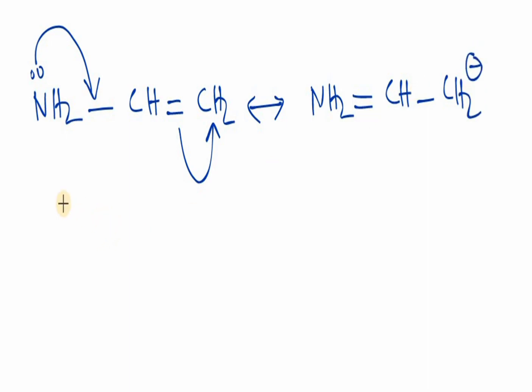So now what should be the charge on this nitrogen, positive or negative? Think once. Nitrogen has two hydrogens on one side and a double bond with carbon. Nitrogen can form only 3 bonds, here it is forming 4 bonds, so that is why here you will get a positive charge on the nitrogen. Okay, done. So that is how we will write the resonating structures.